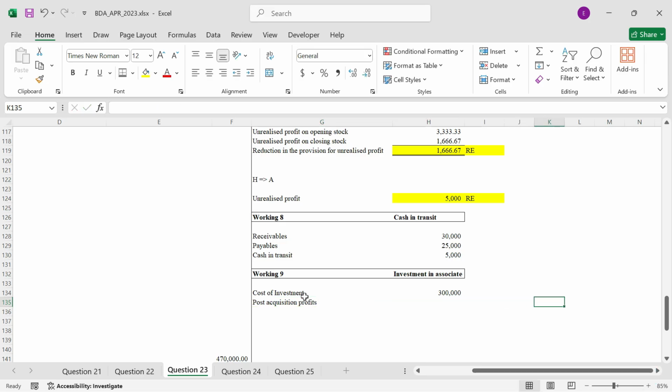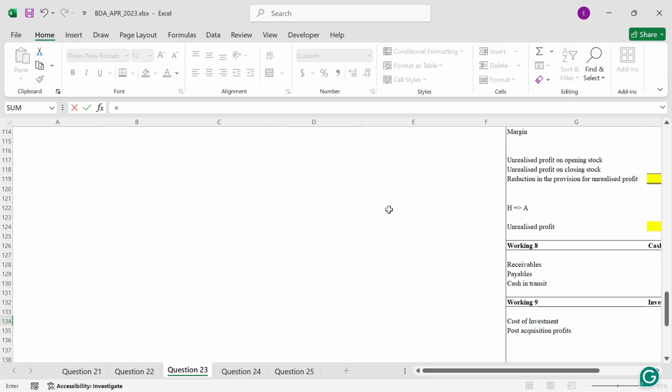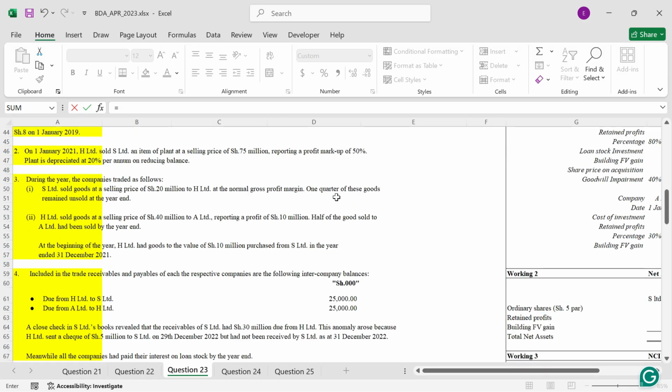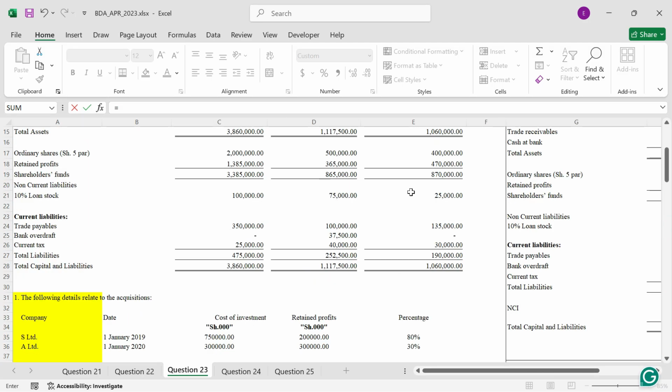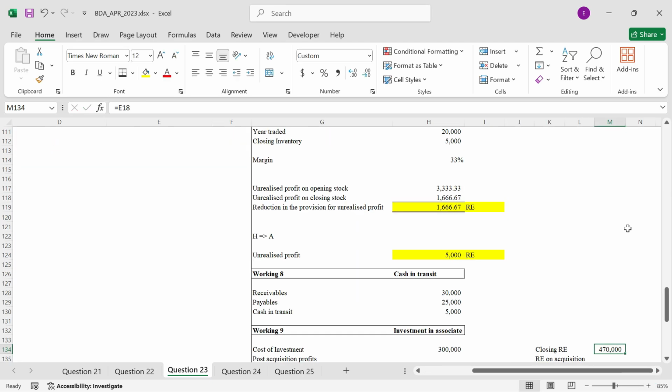So for my post acquisition profits, I'll have to use my closing retained earnings and the retained earnings on acquisition. My closing retained earnings in the associate were 407,000.